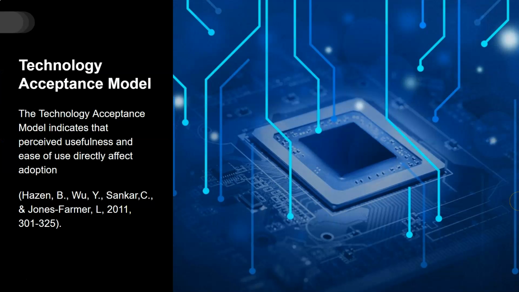The last thing I'd like to talk about is the technology acceptance model, which was posed in 2011 also. And this model indicates perceived usefulness and ease of use directly affect adoption. I think this is really important in the past as well as moving forward. People have to be able to use the tool and find it useful in order to adopt it.